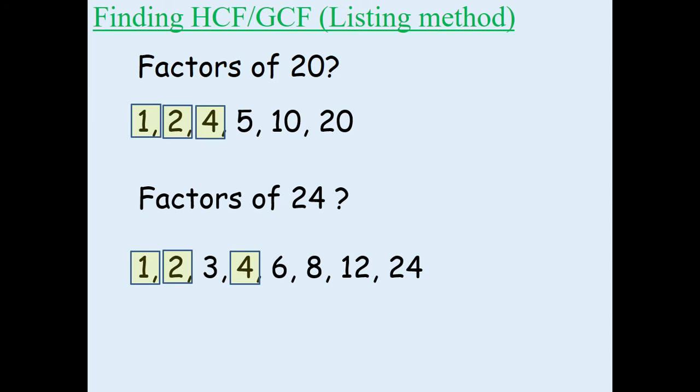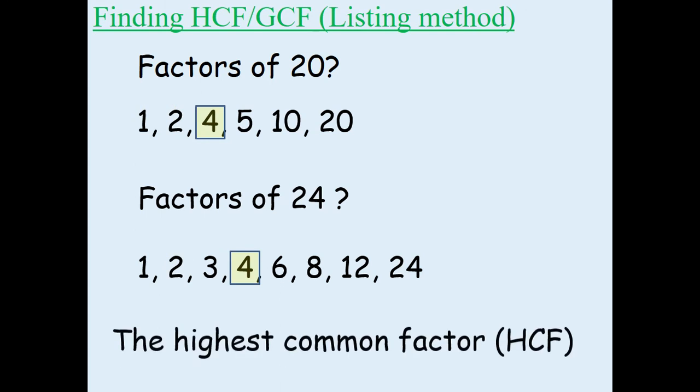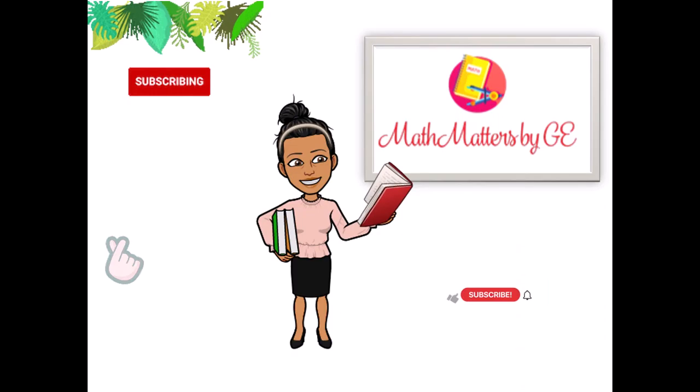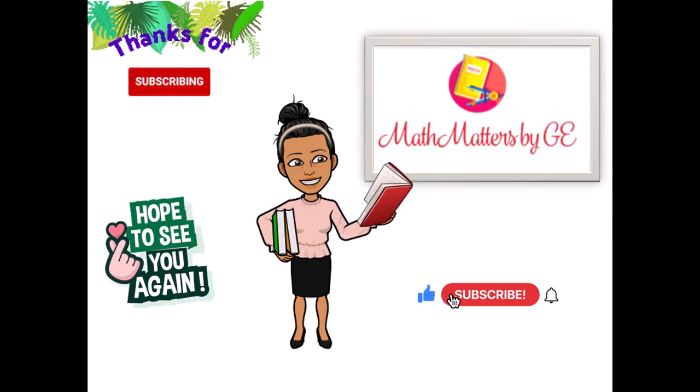So out of the 3 factors, which has the highest value? And if you guessed 4, you're correct. The highest common factor will be 4. And that is how easy it is.